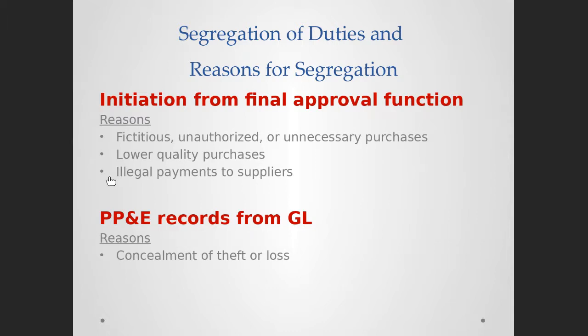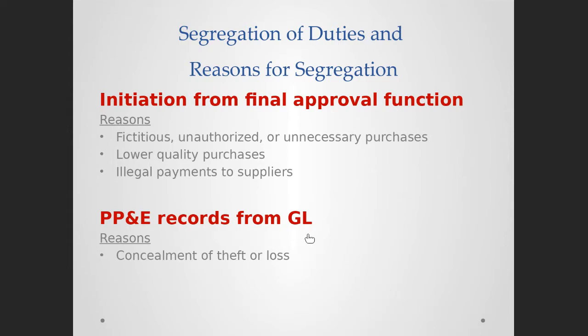Now, property, plant, and equipment records should be separated from the general ledger. There are two sets of records. One is the property, plant, and equipment record, where you have the purchase order, the receipt, the original warranty, and so on. All of those are kept by someone or a particular department. And then there is the general ledger, where the equipment is recorded in the financial statements.